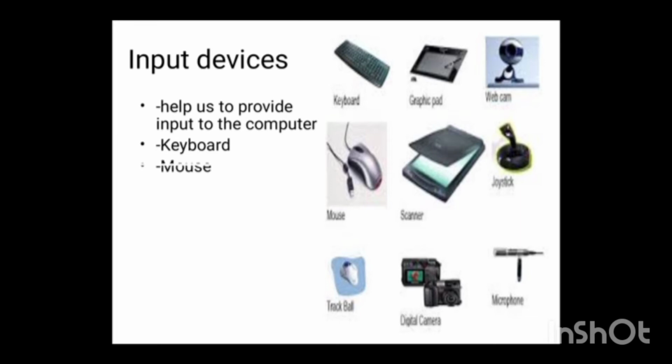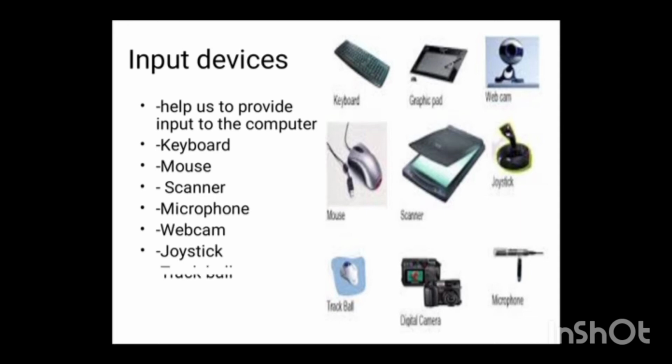I already told you, that is keyboard, mouse, scanner, microphone, webcam, joystick, trackball, and light pen. Okay, there are so many others also, but usually you all know these, right?